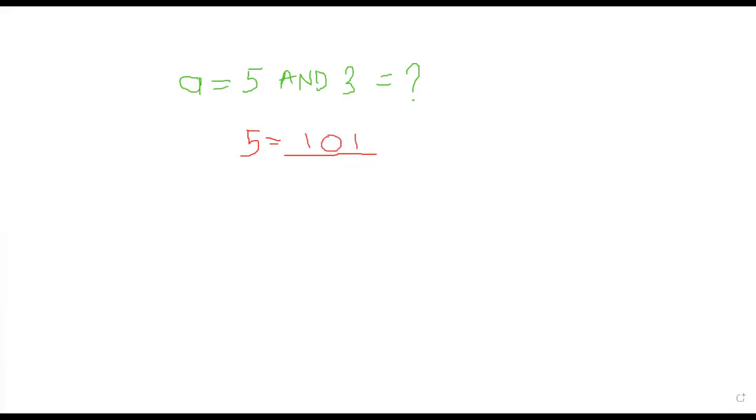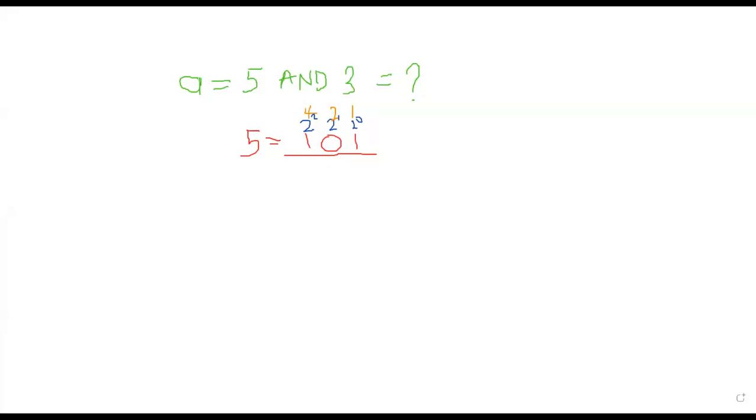So that's to say that this is 2 raised to the power 0, 2 raised to the power 1, 2 raised to the power 2. 2 raised to the power 0 is 1, 2 raised to the power 1 is 2, 2 raised to the power 2 is 4.